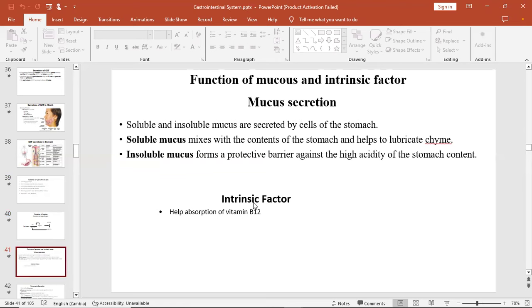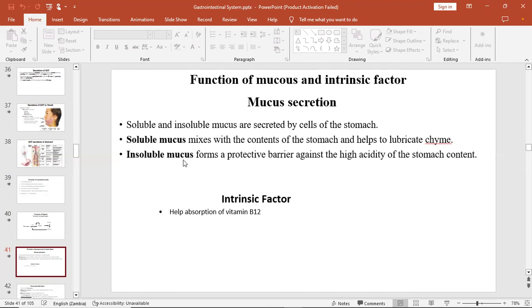So now, function of mucus and intrinsic factor. So the mucus secretion, so soluble and insoluble mucus are secreted by the cells of the stomach, okay? The mucus cells. So the soluble mucus mixes with the contents of the stomach and helps the lubrication of what we call the chyme. The chyme, those are the stomach contents, like for example, the food, but the volatility of the stomach is now called chyme. Okay.